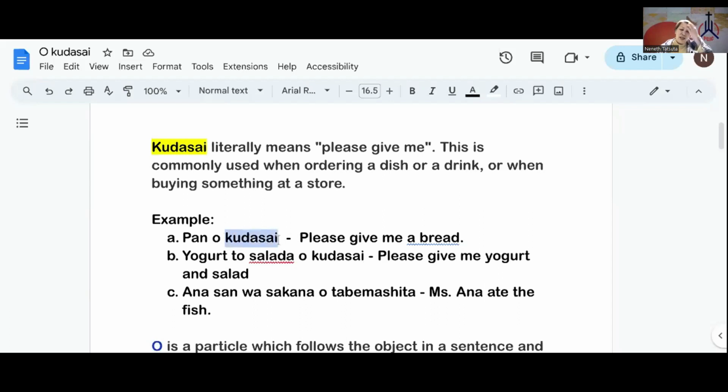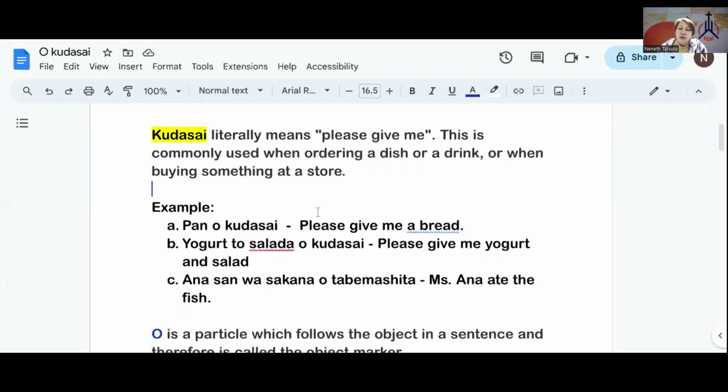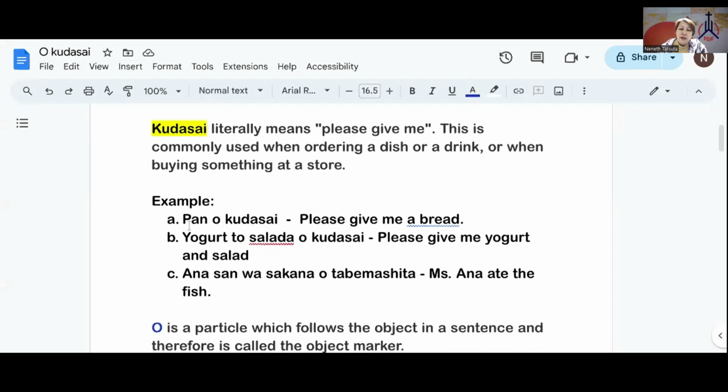And usually, for example, if you go to the department store or to the grocery, you can say, pan o kudasai. Please give me a bread. You know the pan already. I gave the vocabulary of the food. The bread means pan. So if you're asking for a bread, pan o kudasai.